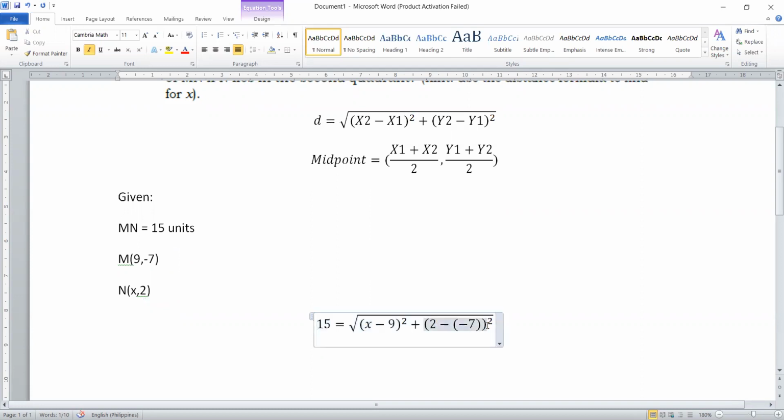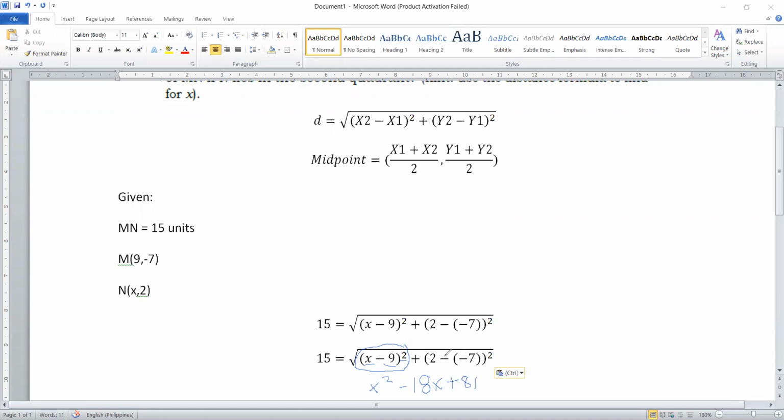So let's simplify this first. This will become x squared minus 2 times 9 times x, that's 18x, plus -9 squared is 81.